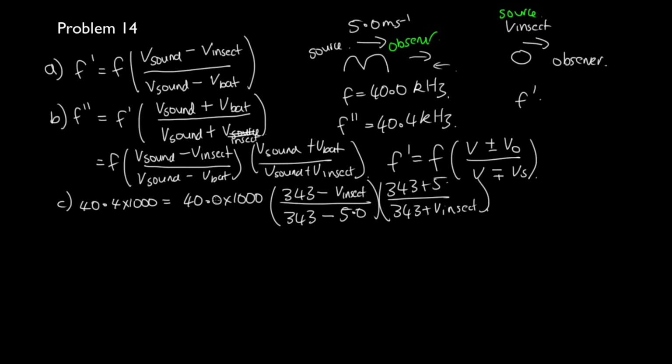Okay, now we can divide this side by this. The 1,000s cancel out. So 40.4 divided by 40 gives us 1.01. And we've got 343 plus 5, so that's 348, over 343 minus 5, which is 338, times the 343 minus the velocity of the insect, over 343 plus the velocity of the insect.